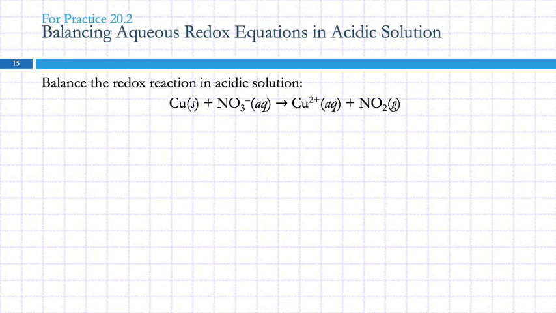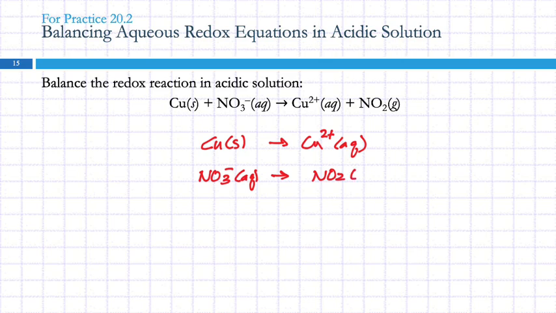So I'm going to make 2 half reactions. So CuS going to Cu2 plus AQ, and NO3 minus AQ going to NO2 gas. I'm going to balance for mass. First one's already balanced.